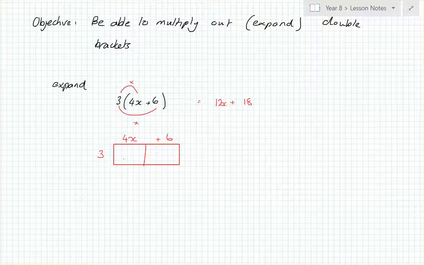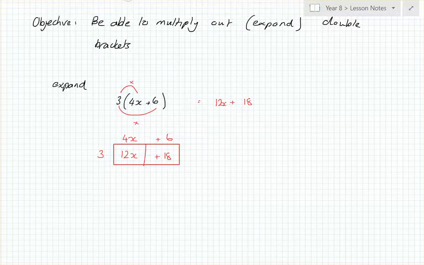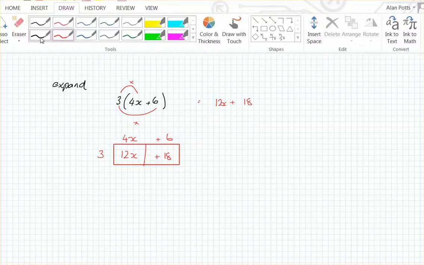We multiplied 3 times 4x is 12x, and plus 18. And you just put them together. And this is the way, when we did factorisation last time, was kind of doing it in reverse. Now, we're not going to get you to factorise back into double brackets yet. Not this year. But you will be able to. In fact, some of you might be able to do it after we've done this.